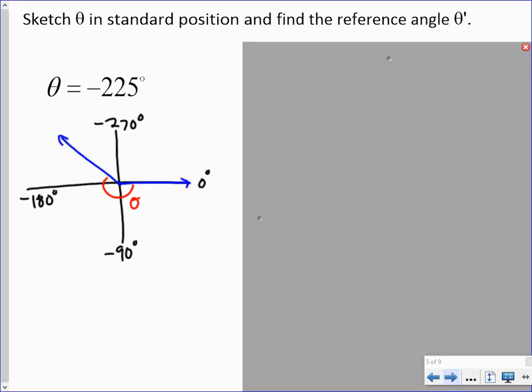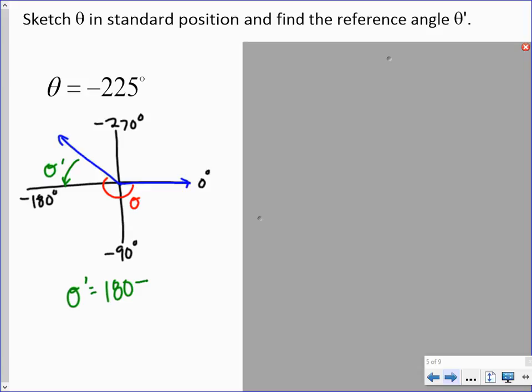Because it's in quadrant 2, we want this little piece right here for theta prime. And so we talked about how you would do 180 minus the angle. Only issue here is if I were to do 180 minus negative 225, am I going to get something that is acute? No. So instead of using negative 225, which is a negative angle, find its coterminal angle.